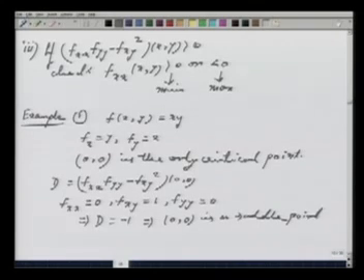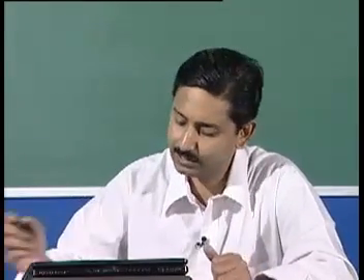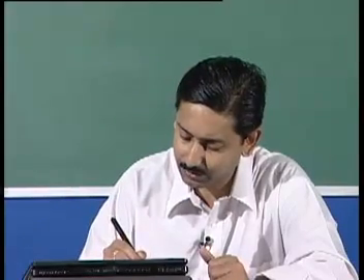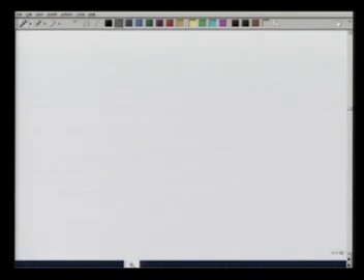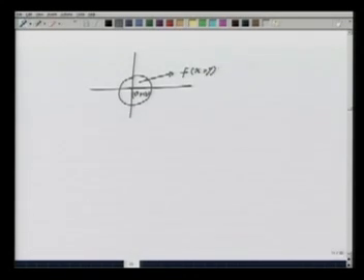Can I see that it is a saddle point? That is, in arbitrary small neighborhoods of 0, 0, the function takes values bigger than f of 0, 0 and less than f of 0, 0. Now what is f of 0, 0? That is 0. So in 2 dimensions, this is the point 0, 0. I take any disk around this. If I take a point here, then x and y both are positive, so f of xy is bigger than 0.